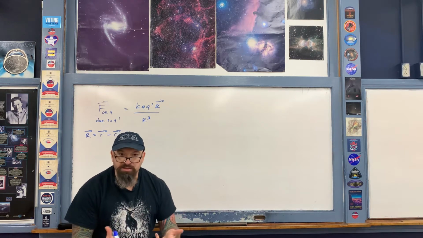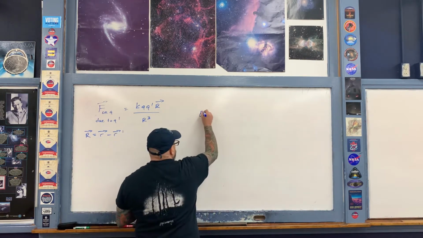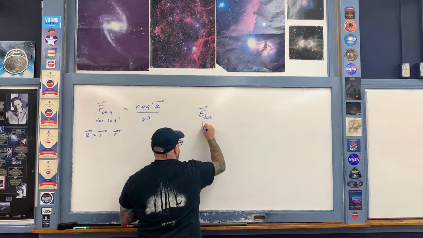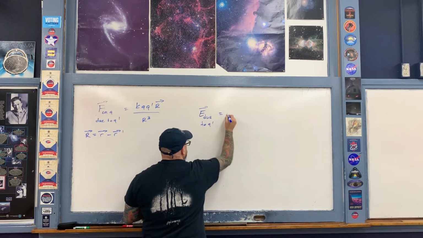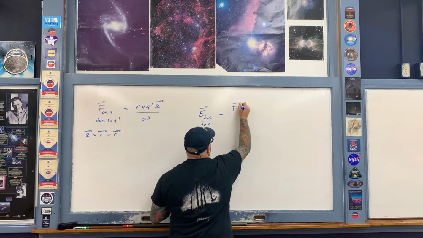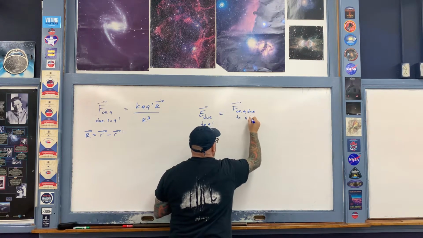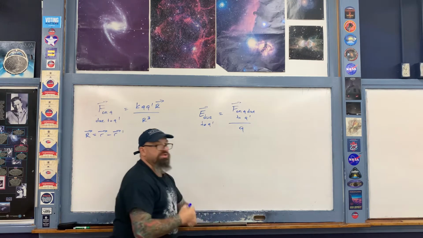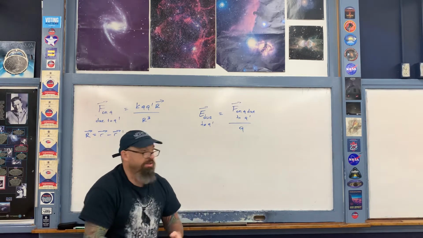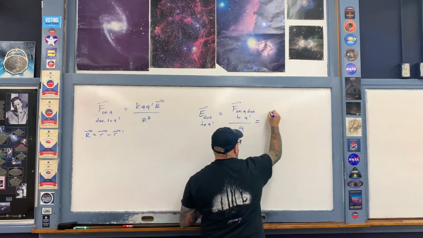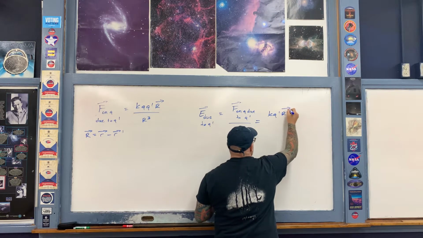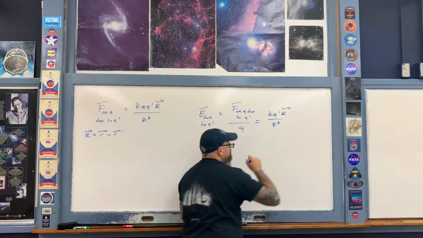The way that we write this is as follows. So the electric field due to Q prime is equal to the force on Q due to Q prime divided by the Q. We just divide out by the test charge. So then therefore we end up with the following expression, k Q prime capital R over R cubed.